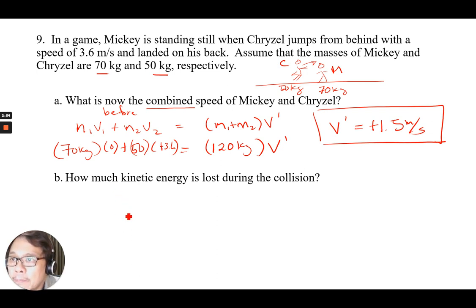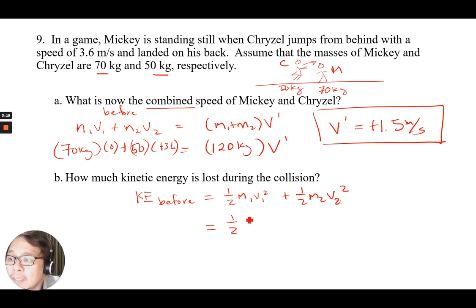So the kinetic energy before the collision must be equal to 1 half m1 v1 squared plus 1 half m2 v2 squared. So 1 half, the mass of Mikey is 70, this is 0, plus 1 half, the mass of Crizel is 50, and this is positive 3.6.